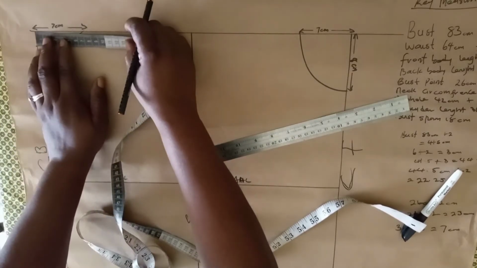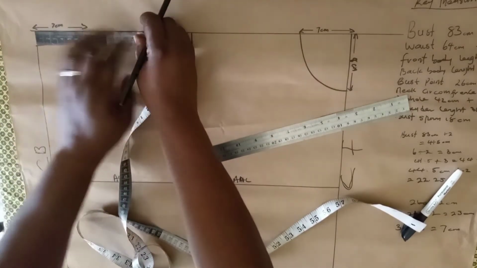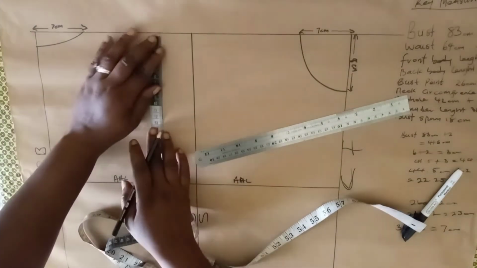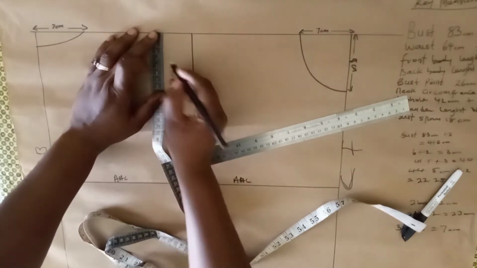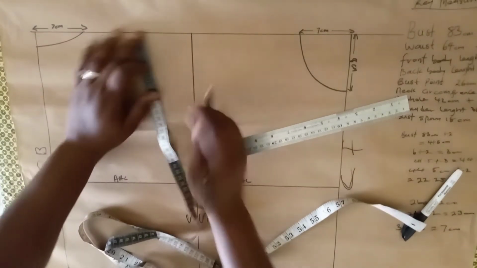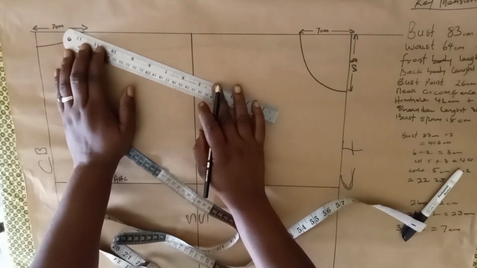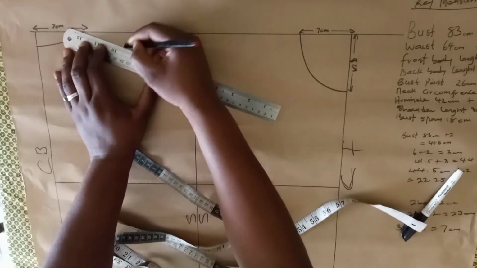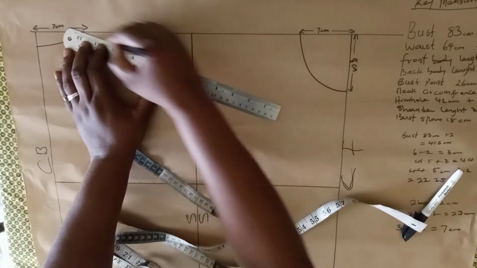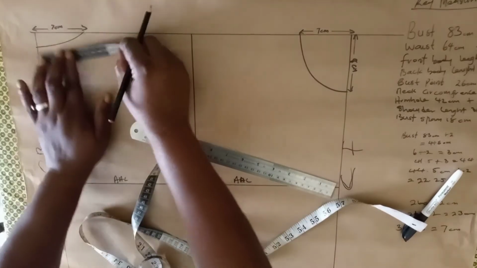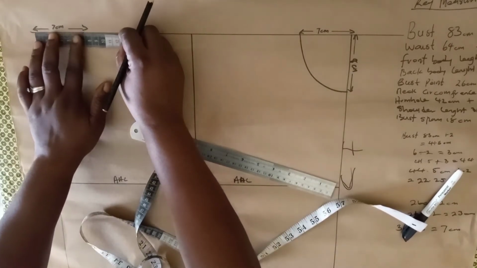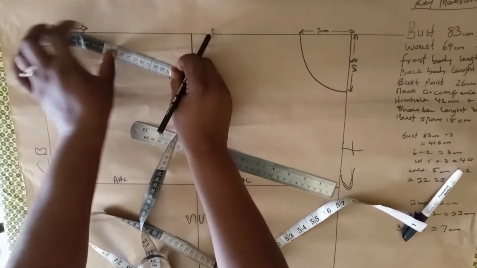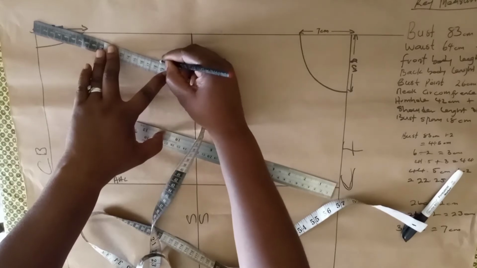You do the same, come down by the same 4 centimeter. This is your new 18 point.